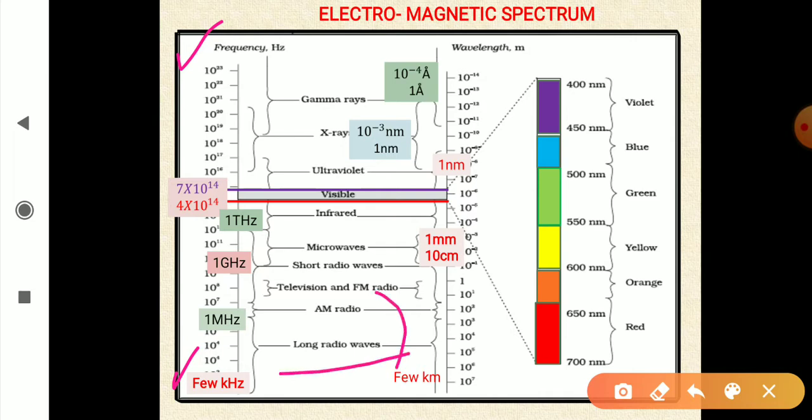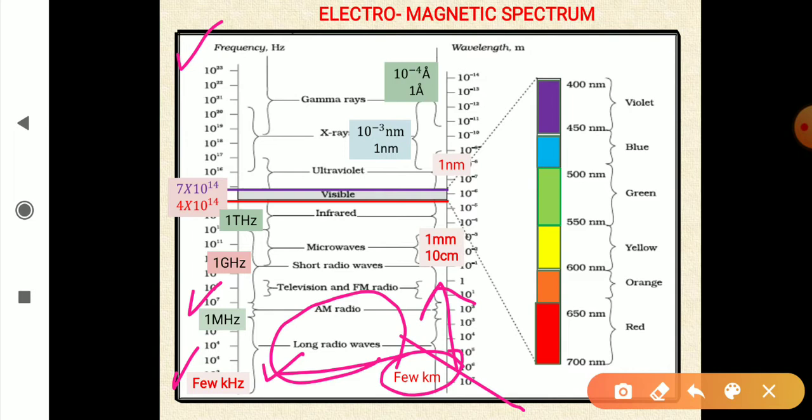Now radio waves are the longest waves, which have wavelength in the range of a few kilometers up to 10 centimeters, and the frequency can range from a few kilohertz to a few megahertz. Mega is 10 raised to the power 6, right?